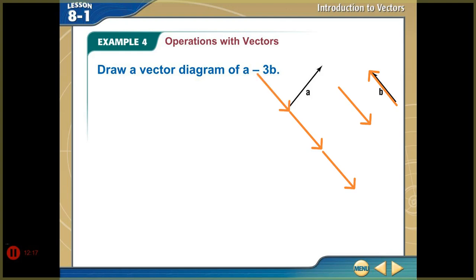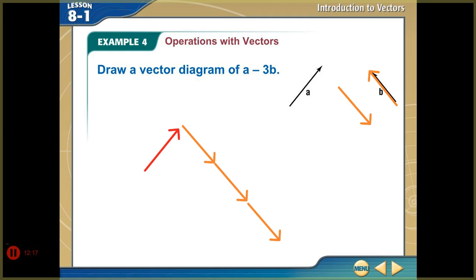If I'm looking for A minus 3B, I somehow need to take vector A. I'll try to draw on top of that one. There's vector A. To put those together, again, I have to go head to tail. So I'm going to move vector A so I have some space, and then we're going to take our 3 B's and go head to tail.